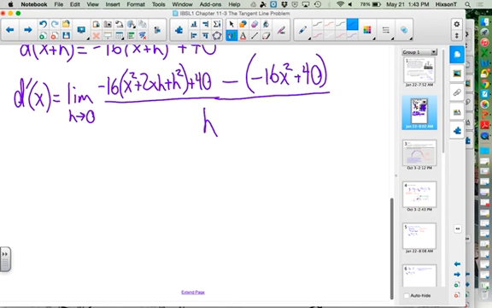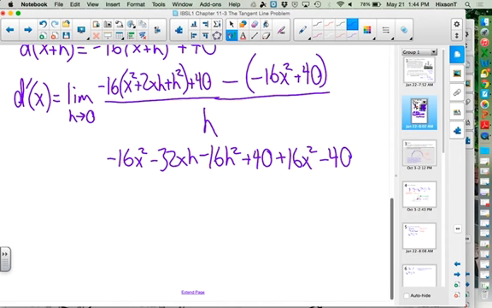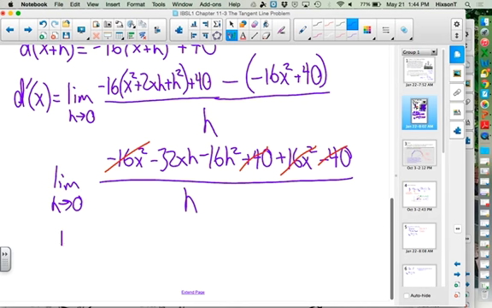So check this out. This is kind of cool. If I distribute here, I get negative 16x squared minus 32xh minus 16h squared plus 40 plus 16x squared minus 40. So watch this. This cancels with this. This cancels with this. And then, see what's left?